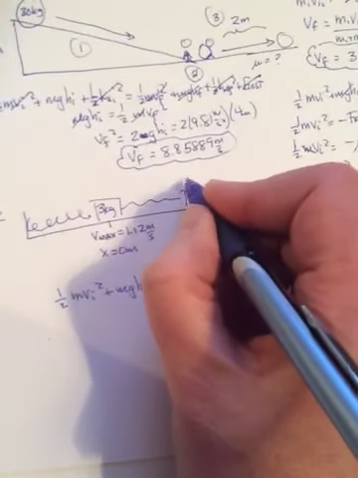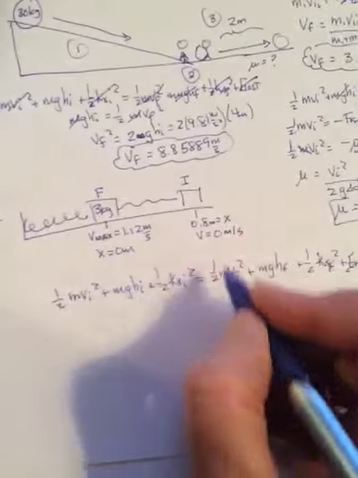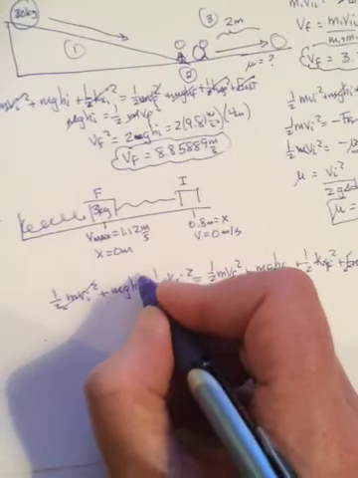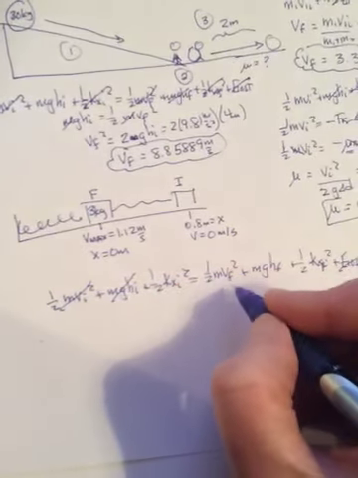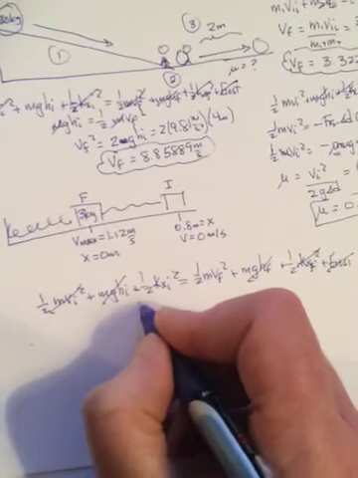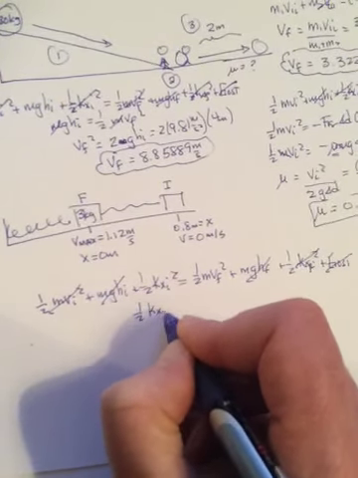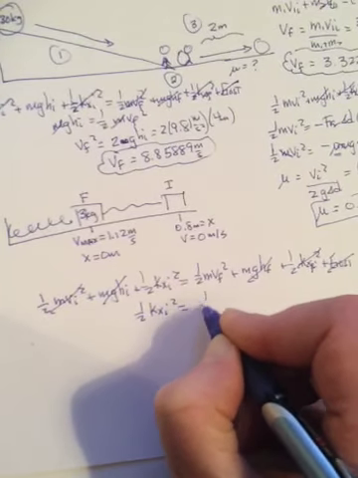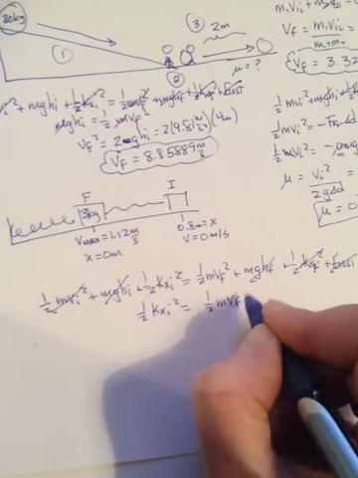Let's call this one our initial and this one our final. So initially no speed, no height, but it has an x. Finally it has a speed, no height, and no x. So we're left with 1/2 kx initial squared equals 1/2 mv final squared.